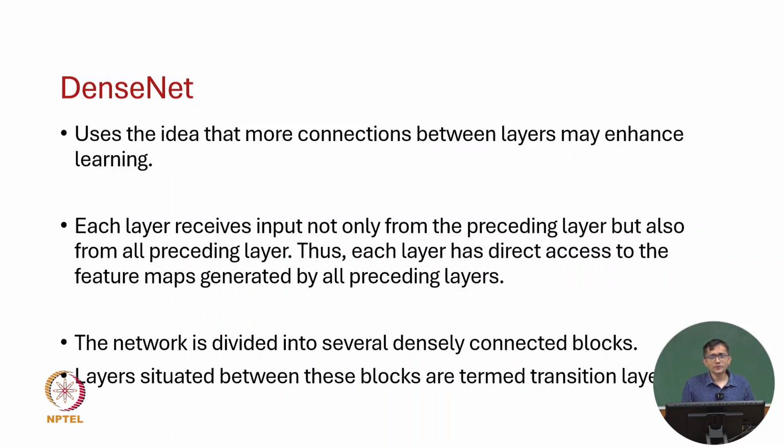So this will not be for the entire network. We will divide the network into several such blocks where each layer receives input from all the preceding layers. We can call these blocks dense blocks. And in between these dense blocks, we can have something called a transition layer. So one dense block where each layer is receiving input from all the preceding layers, transition layer, another dense block.